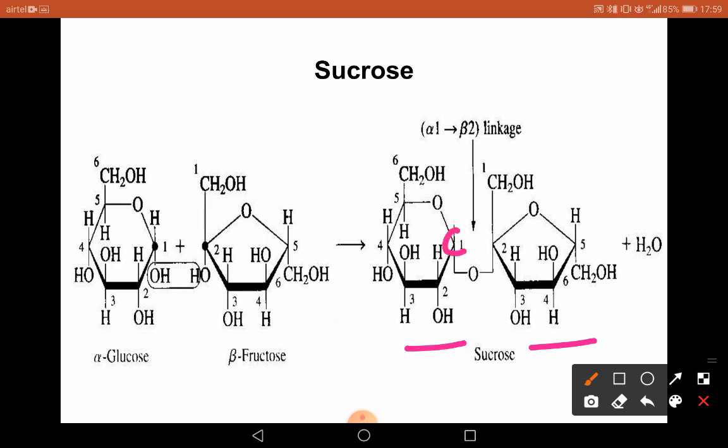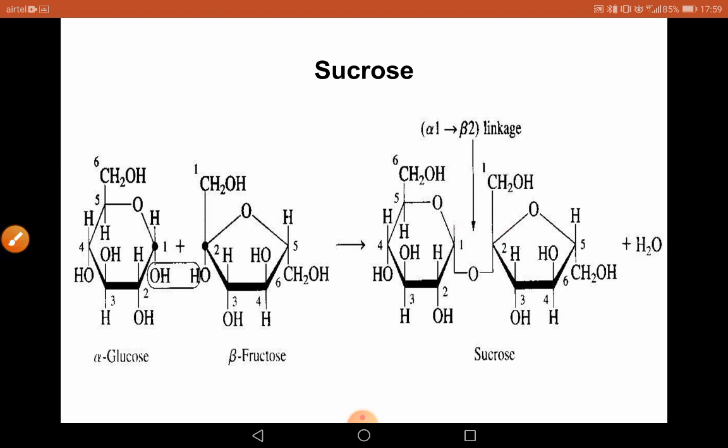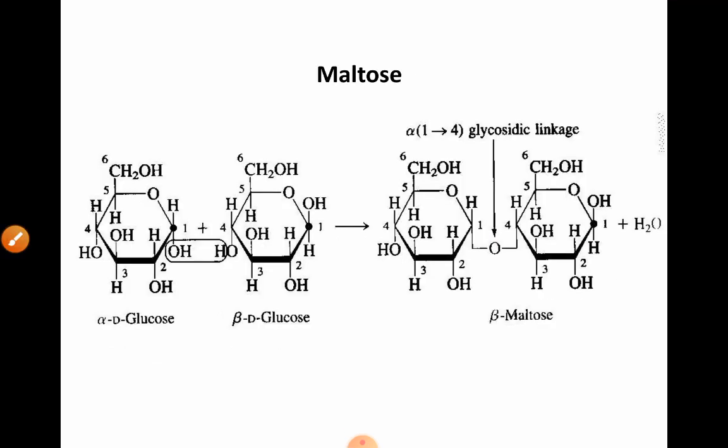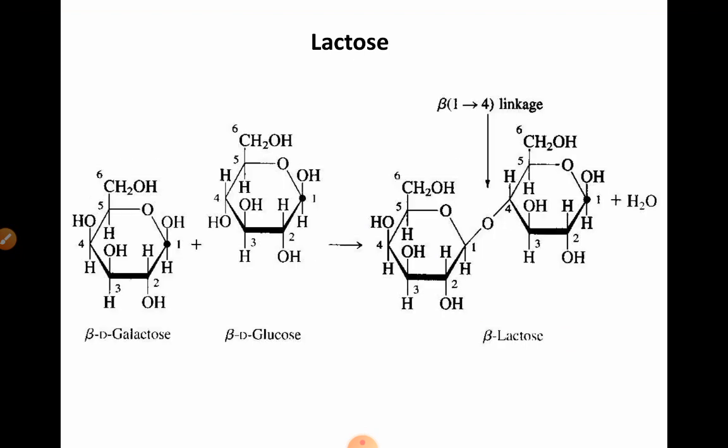So this is your 1 and this is your 2, alpha 1,2 linkage. In the case of maltose we have already discussed that it is a 1,4 glycosidic linkage, and this one is lactose.